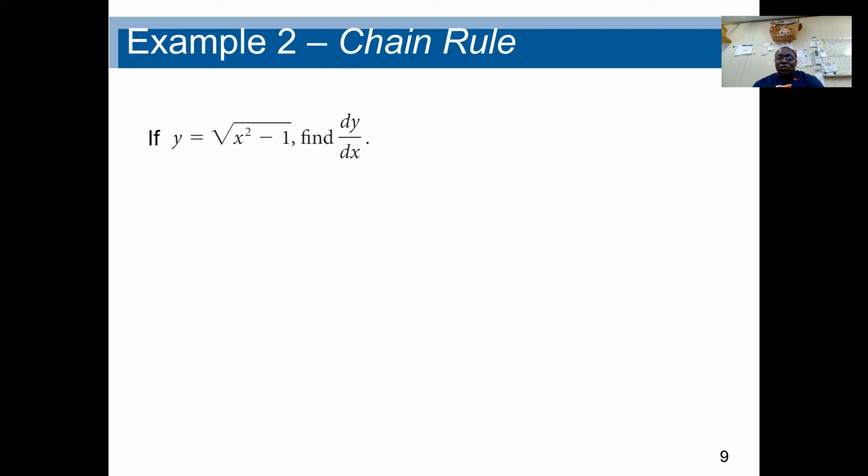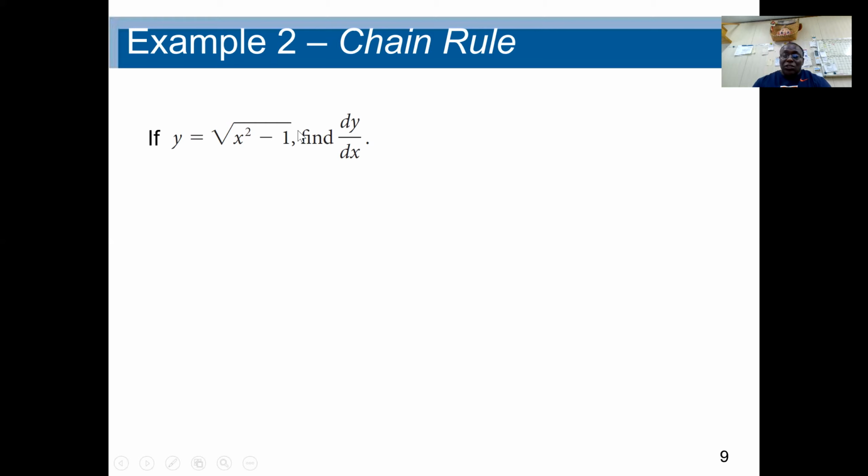So we can write this as x squared minus 1 to the exponent half. Then the derivative of that will be half, since the half is the exponent, half will come to the front. Then x squared minus 1 to the half minus 1, which will give us negative half. And that's the concept, but this is not the whole case.